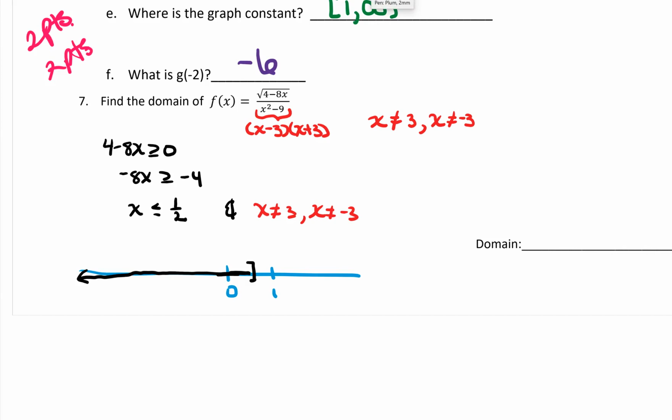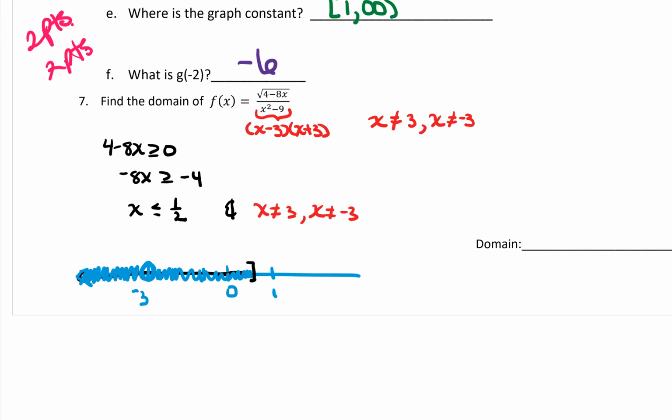X equals 3 is not part of that x is less than or equal to 1/2. And so I really need this open circle in here. So I can have everything shaded that is bigger than negative 3 up to 1/2 and including, and I can have everything shaded to the left of negative 3 but not including.